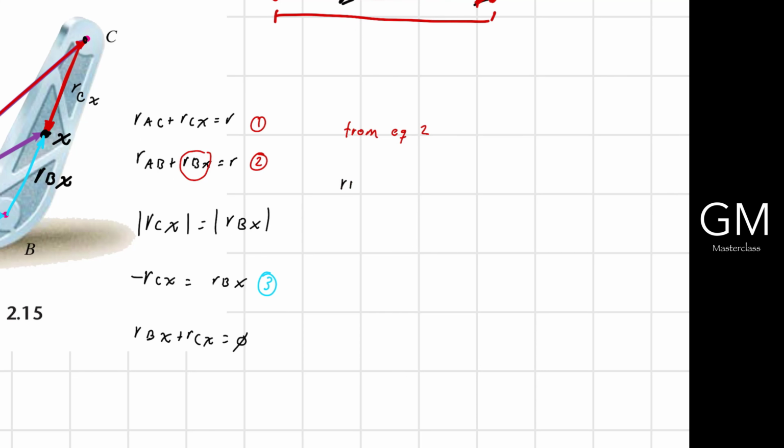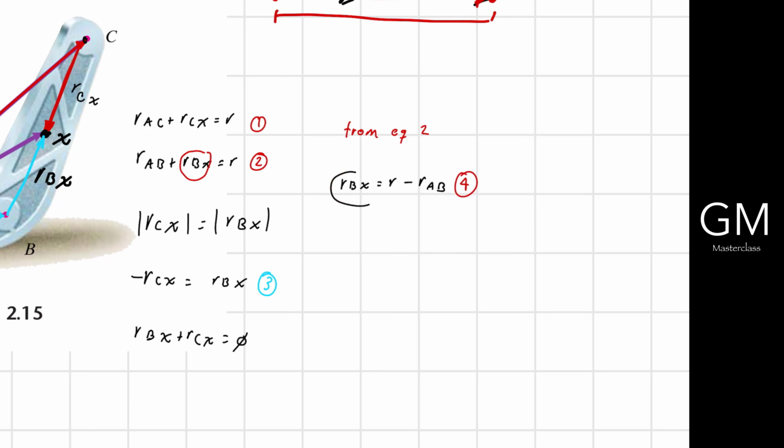That means that r_BX is going to be equal to r minus r_AB. And this is going to be my equation number 4. Right?